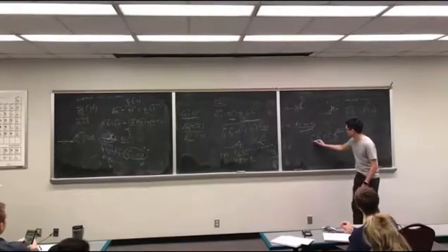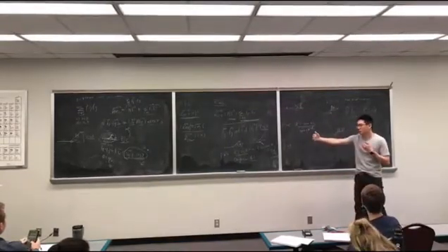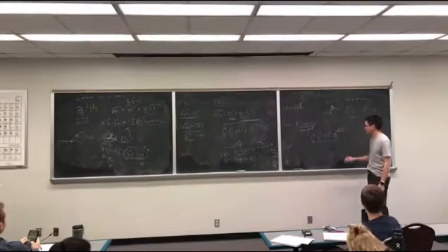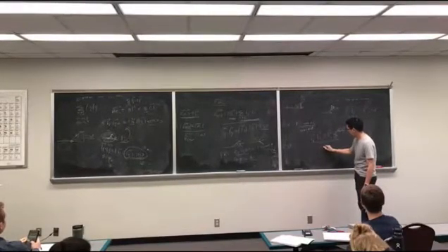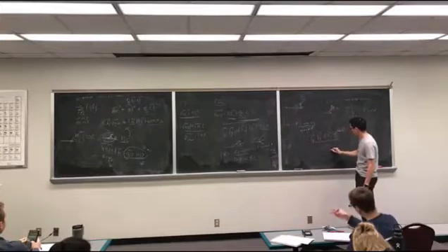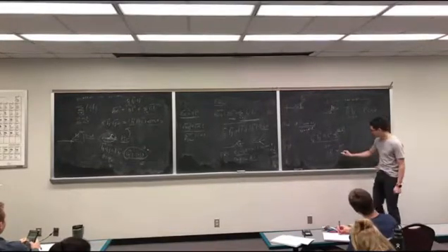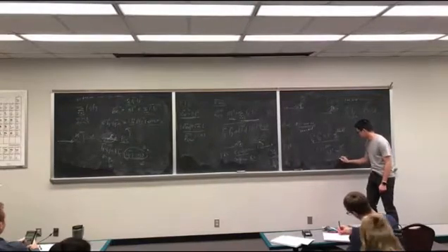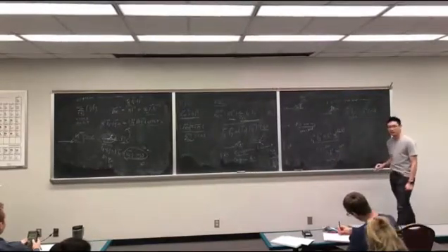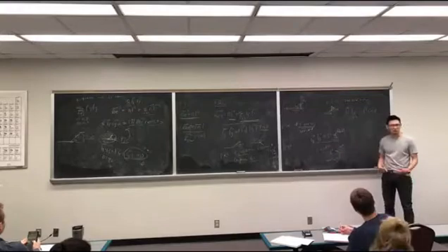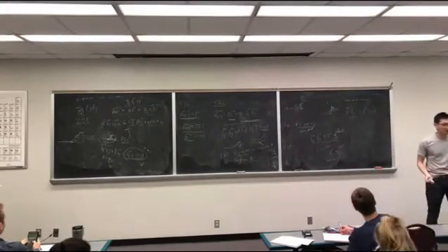Okay, so the further apart i and j are, let's say i and j are 100 bonds away, you will see this will be multiplied 100 times. And you know cosine theta is larger than 0 but smaller than 1. It's almost 0, very small if you multiply it by itself 100 times.